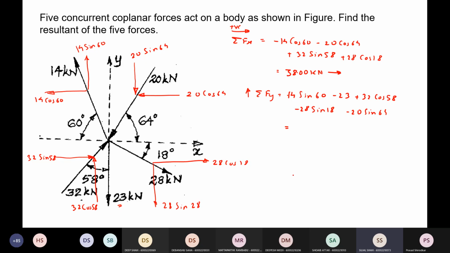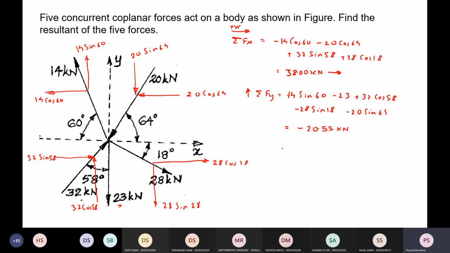Sorry, sir, I didn't see the sign of the forces. That's okay. Minus 20.54? Okay. So here you are getting a negative sign. Sir, fourth quadrant.